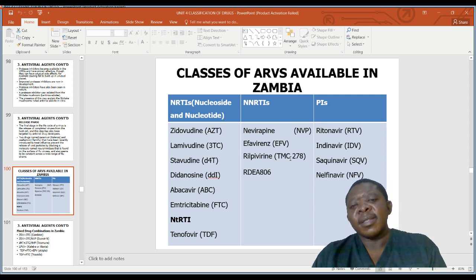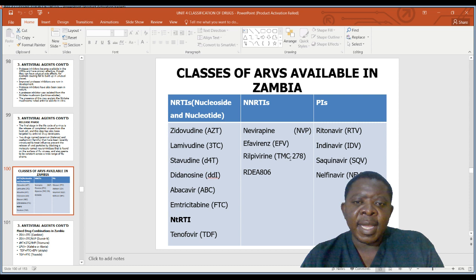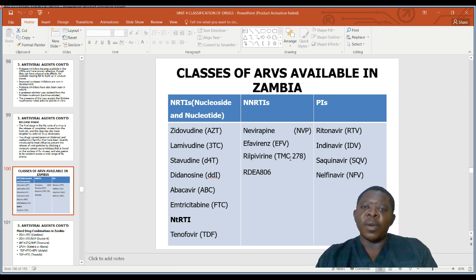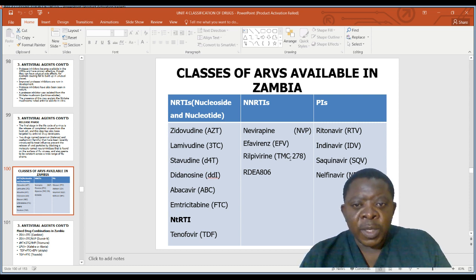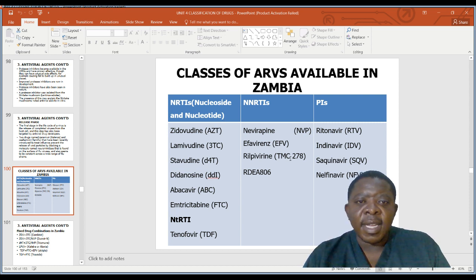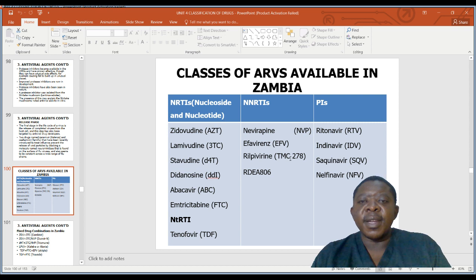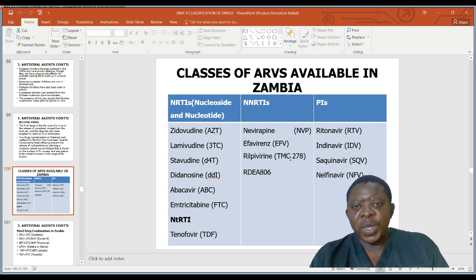Those are some of the drugs that can be used. The names of the drugs under NNRTIs have the EN in the middle, in between, so always remember them in that way.